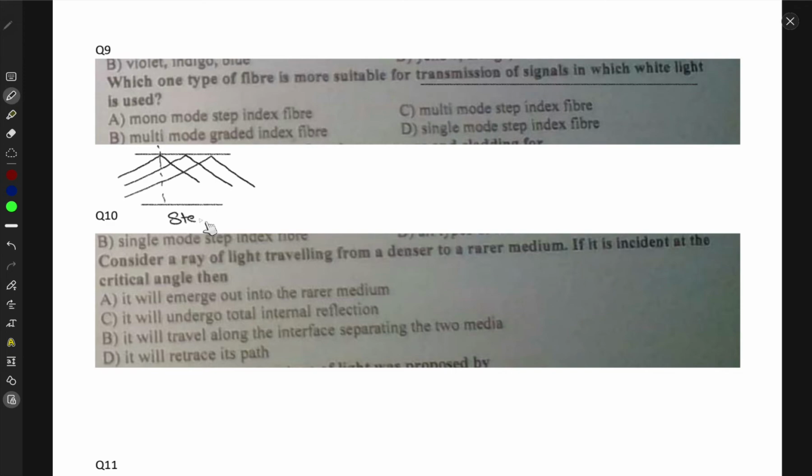Now this is step. However, the multi-mode graded index fiber is the one in which I have a single mode, something like this. So it's smooth, more smooth compared to the step one. And if I draw multi-mode, then there will be more modes like this. So this is graded. The more suitable type of fiber would be the one where we would have less dispersion.